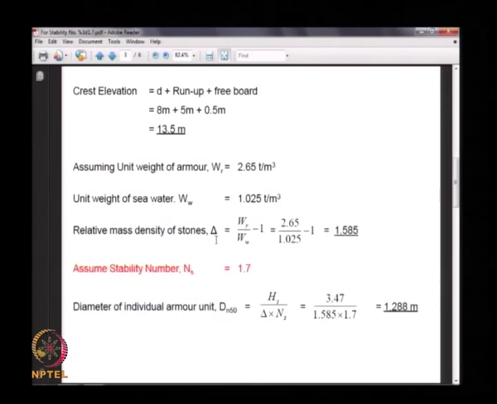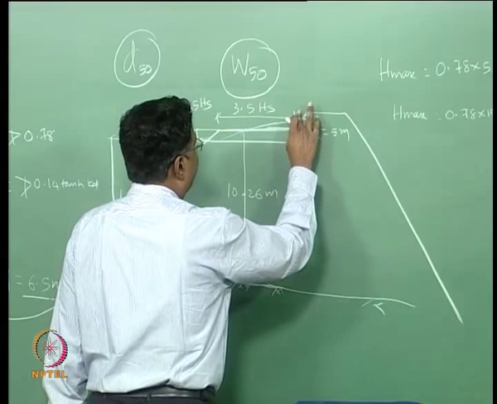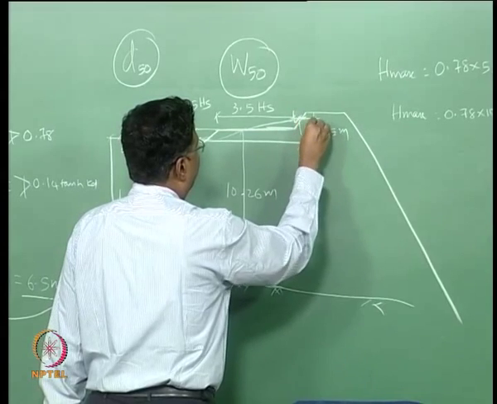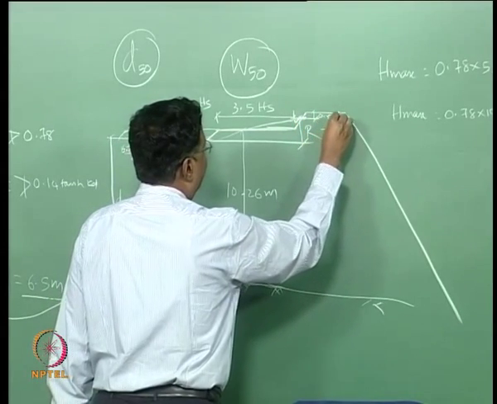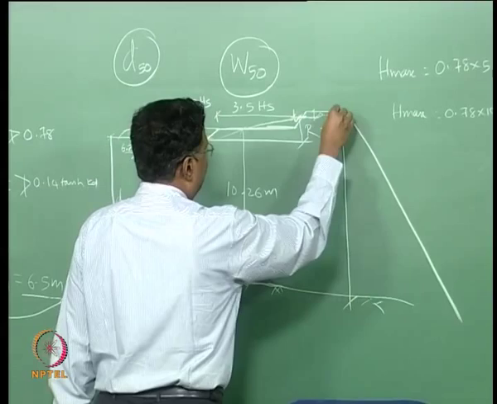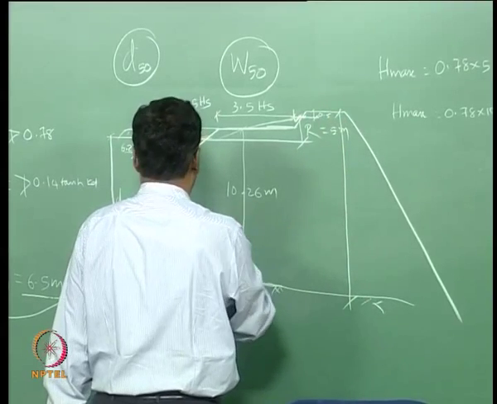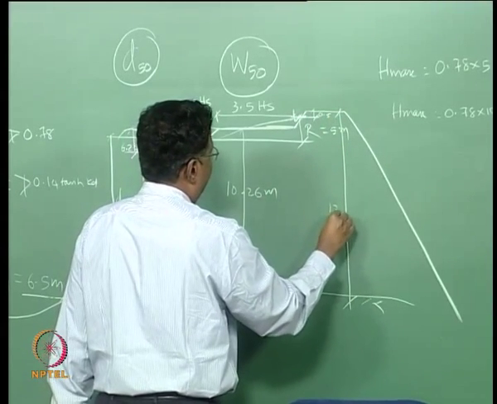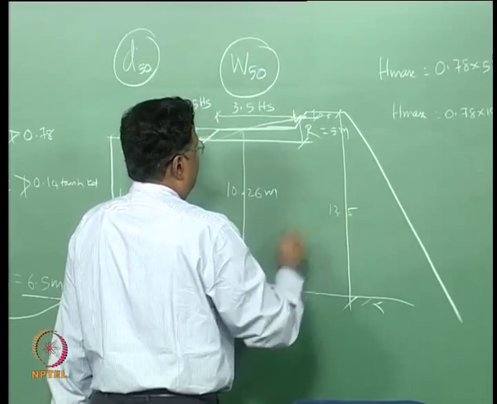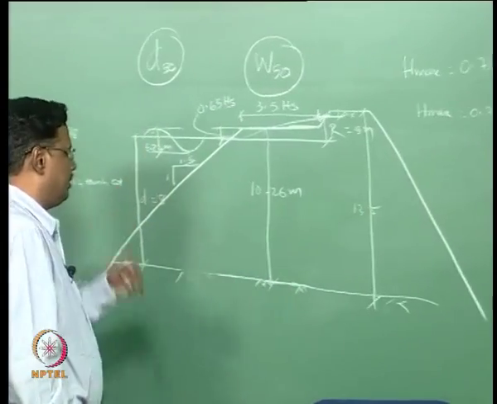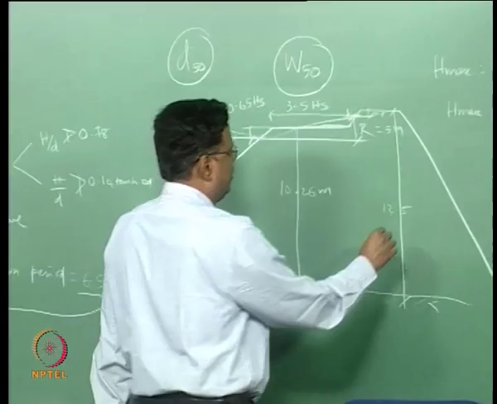So what we are giving is, we are keeping this level giving a clearance of 0.5 meters. This depth from this point is 13.5 meter.